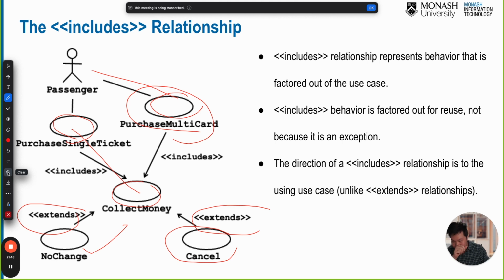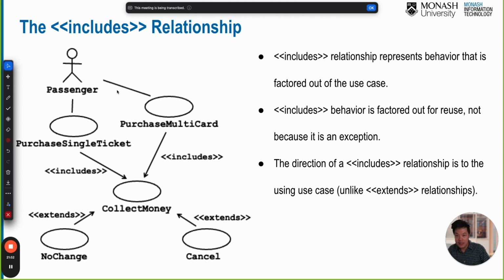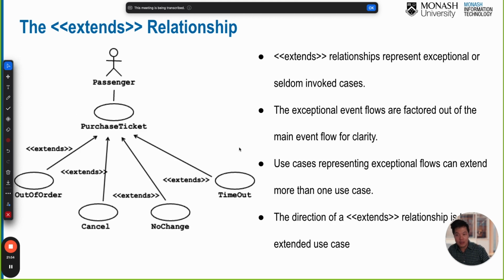So this is the key difference between include and extend. Extend is basically used to represent exceptional or optional use cases. For example, here we have the passenger again. We're going to develop a train ticket management system where the passenger can purchase the ticket.